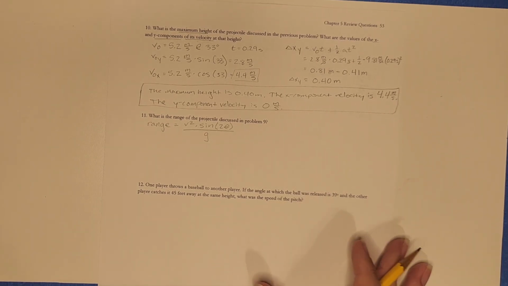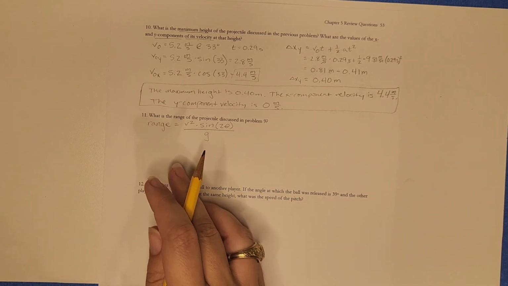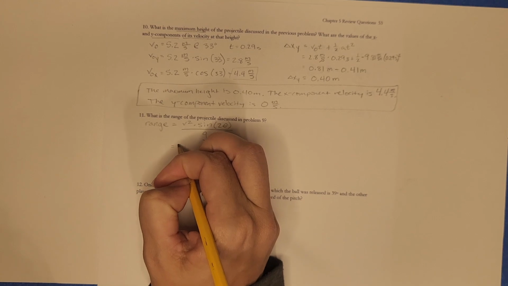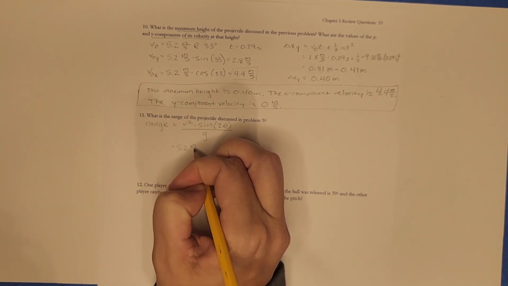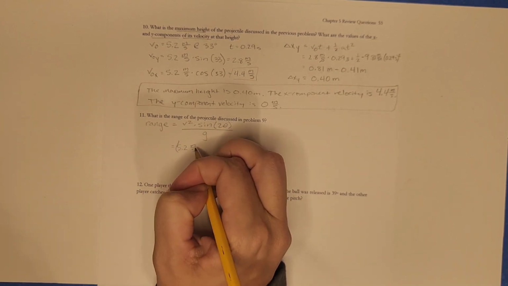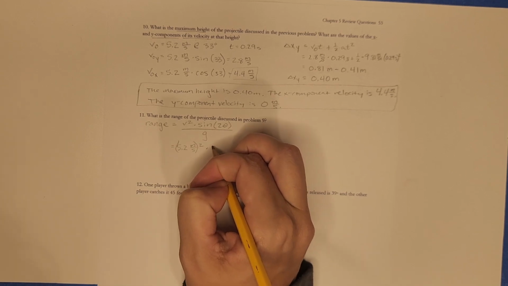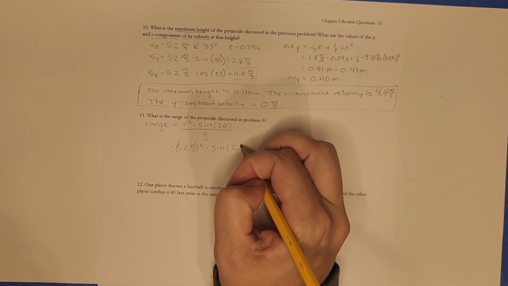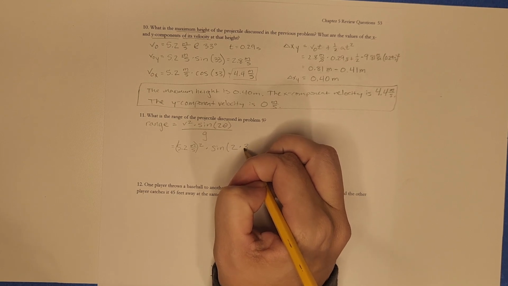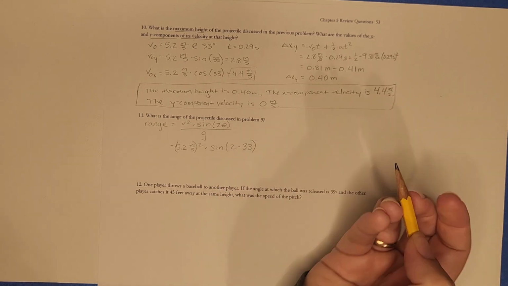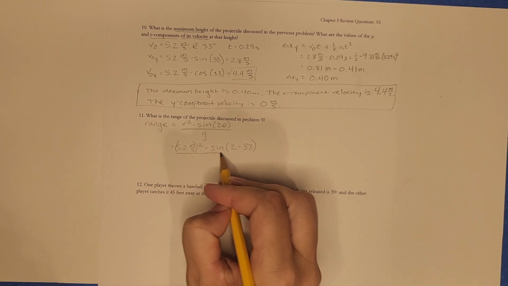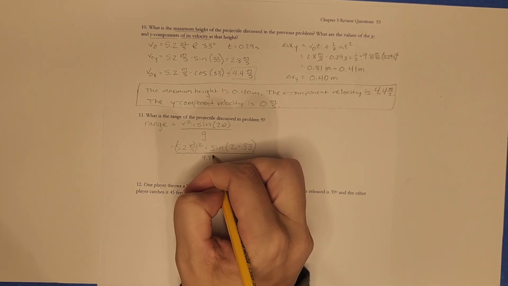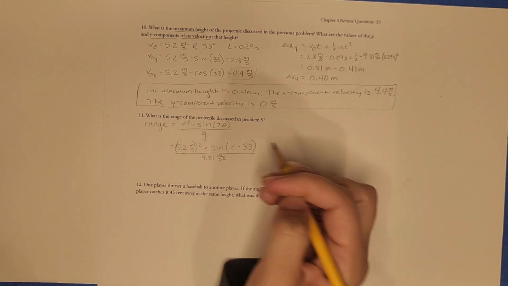So for this then, our velocity was 5.2 meters per second, and we are squaring all of this, times the sine of 2 times our angle, which is 33 degrees, and then dividing all of this by our gravity, which is 9.81 meters per second squared.